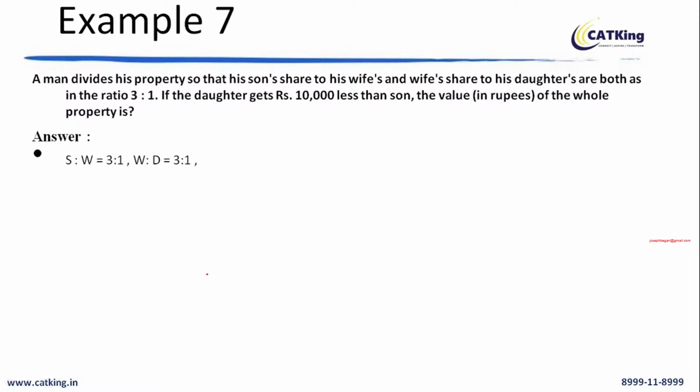So what they've told is son is to wife is 3:1 and wife is to daughter is also 3:1. Now as we can see clearly that there is a common multiple between them, which is the wife's share. We can take the LCM of 3 and 1 and make it a continued ratio of son is to wife is to daughter.